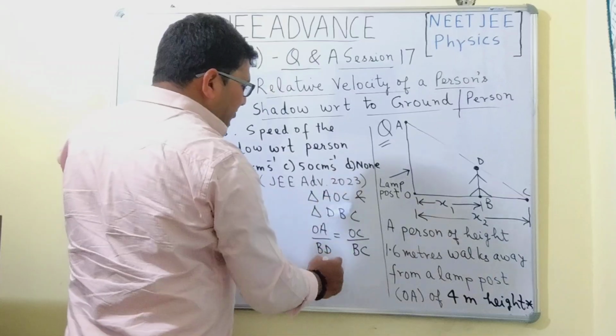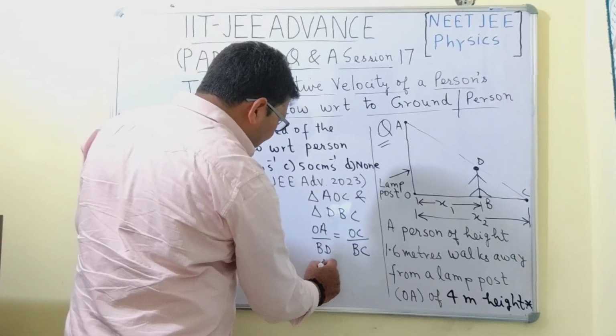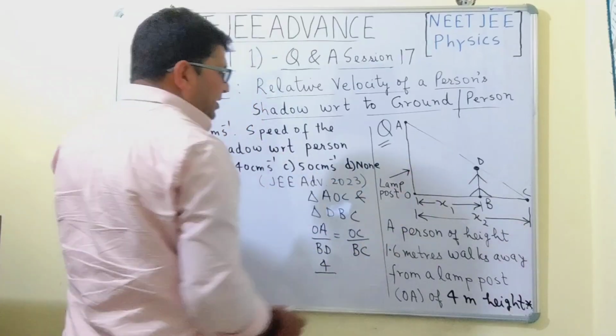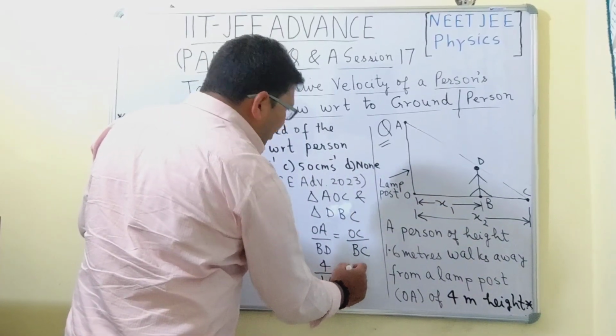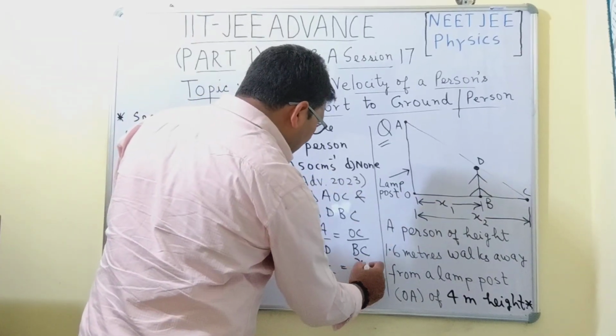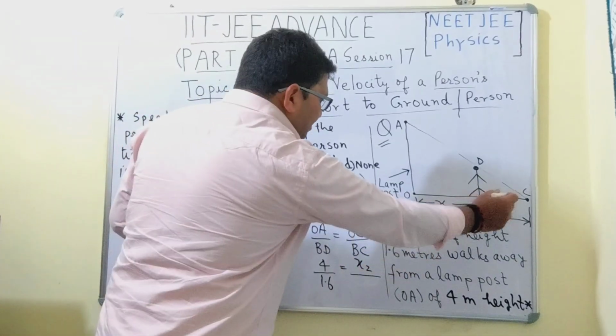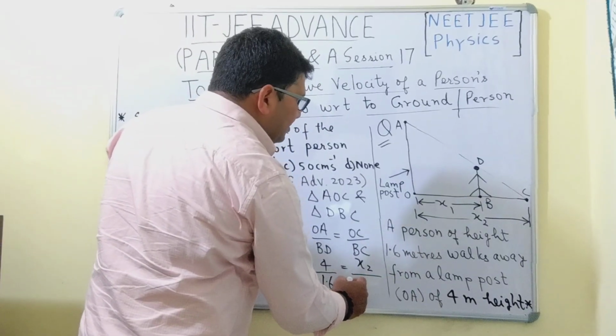Now OA is given to us: it is the height of the lamppost, which is equal to 4 meter, and BD is the height of the person, given as 1.6. Now OC is taken as x2, and BC will be equal to x2 minus x1.